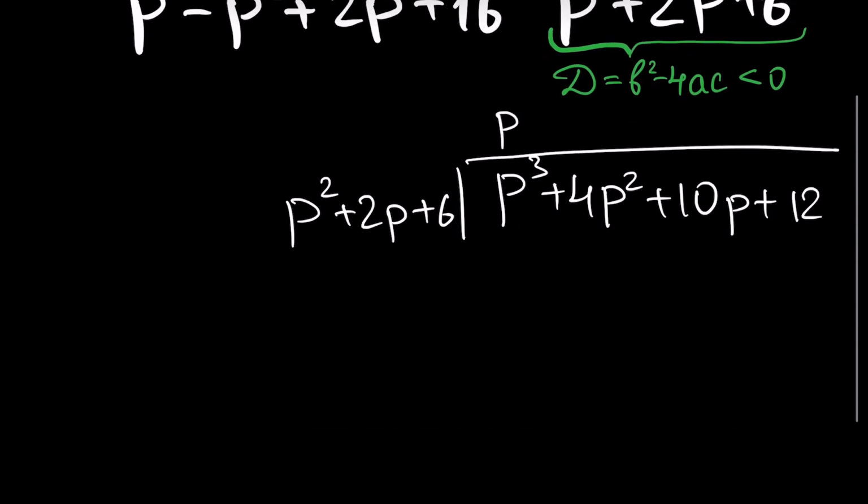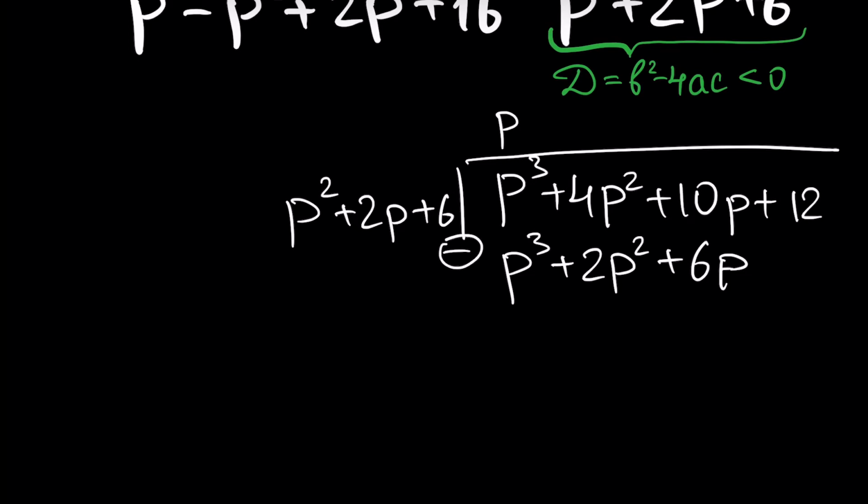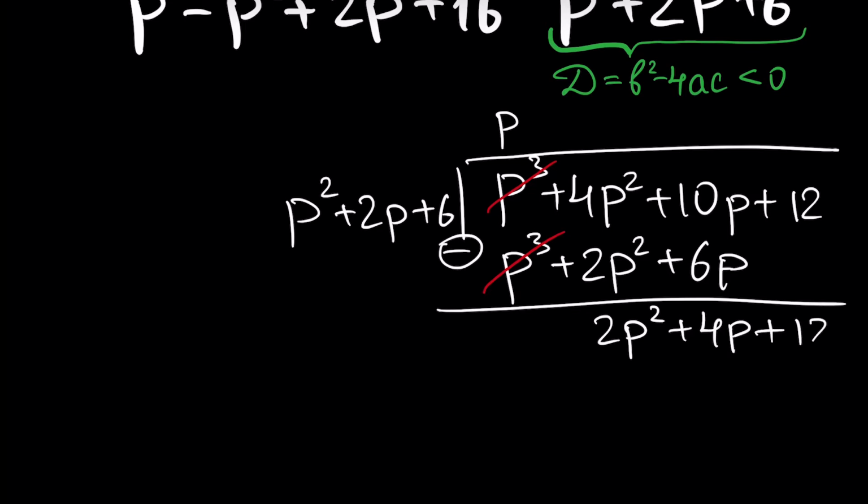We write here p, and when we multiply this p by this polynomial, we will have p cubed plus 2p squared plus 6p. And after subtraction, we will have here cancellation. It will be 2p squared plus 4p plus 12.